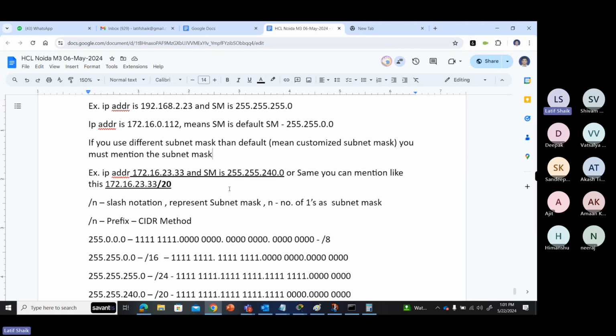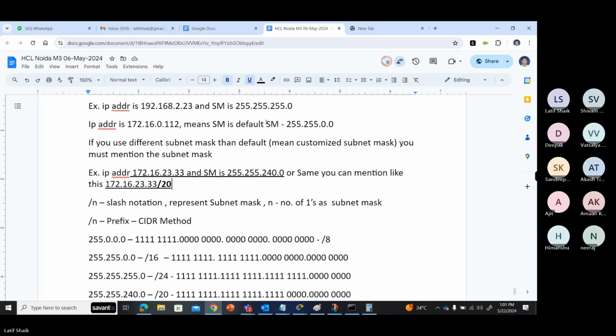Next point. If you are using the default subnet mask, that is a classful network. If you are using a customized subnet mask, meaning different from the default one, something calculated, that is called a classless network.